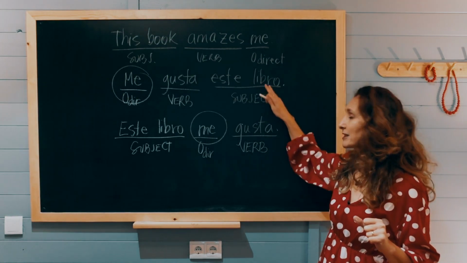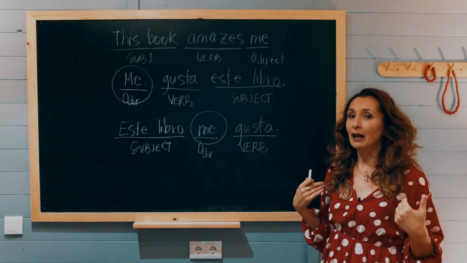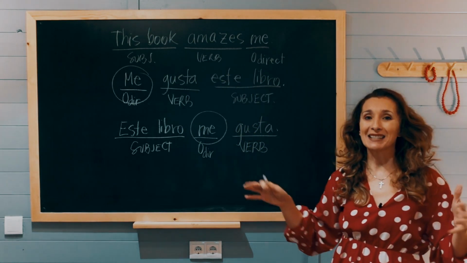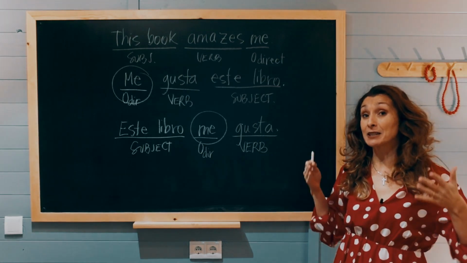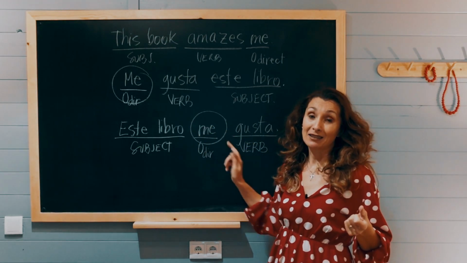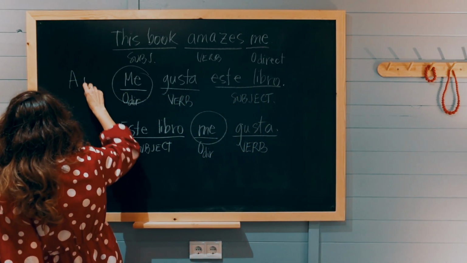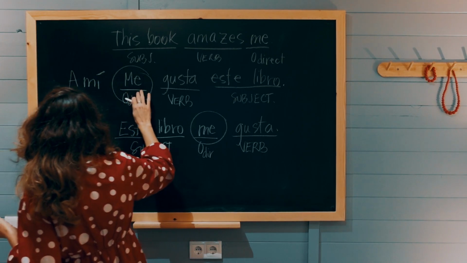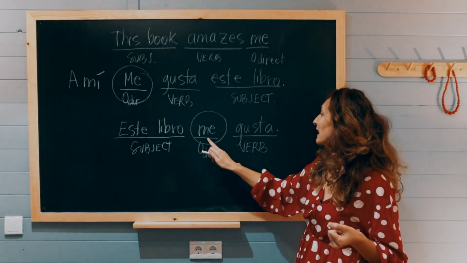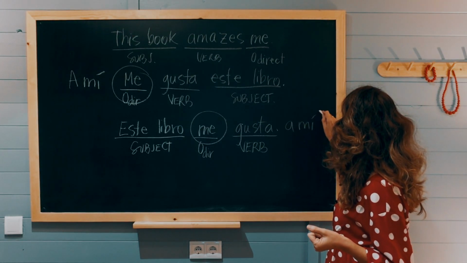In both sentences, it's perfectly clear that I like this book, or that this book amazes me. However, the Spanish will often duplicate this and they will say, a mí me gusta este libro, or, este libro me gusta a mí.